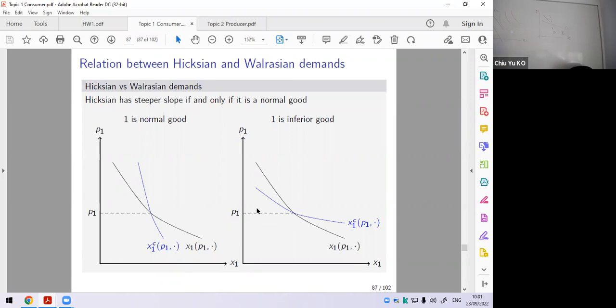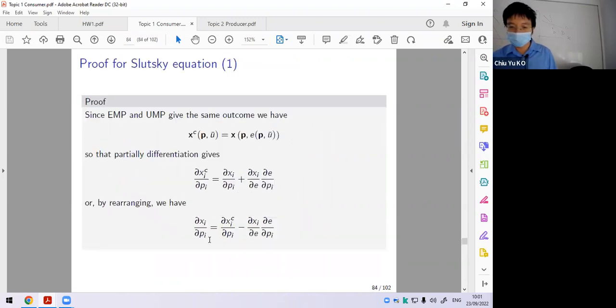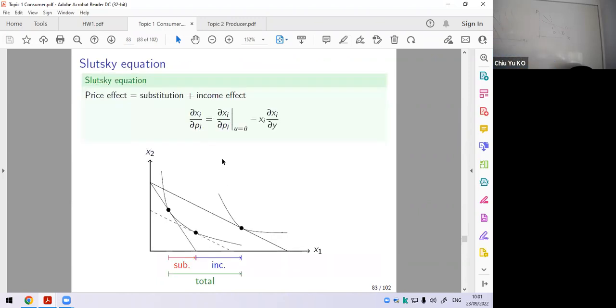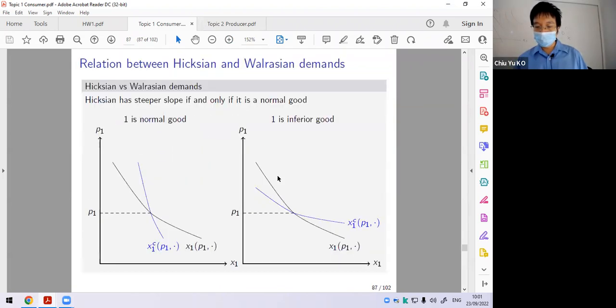Because when you look at the Slutsky equation, this is exactly the Hicksian demand, right? The Slutsky is the Hicksian demand plus the income effect, okay? And it turns out that when the price of good one goes down, the income effect is positive.